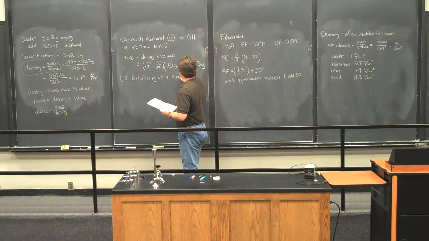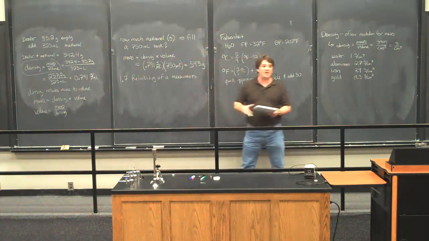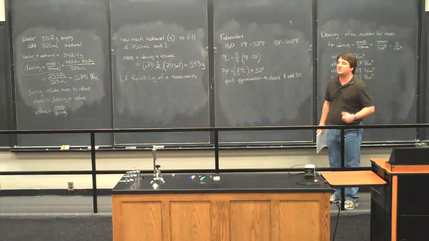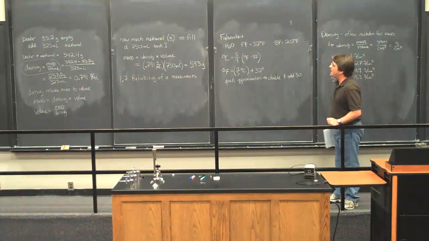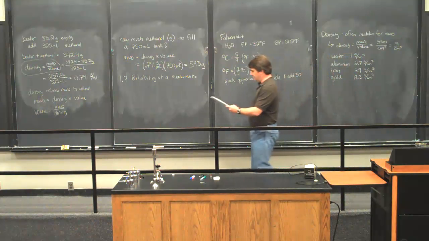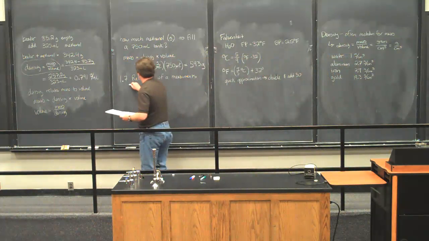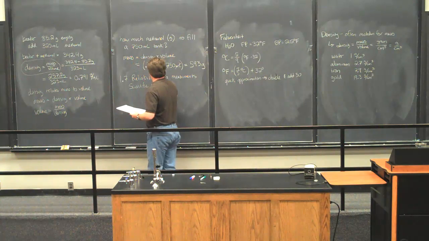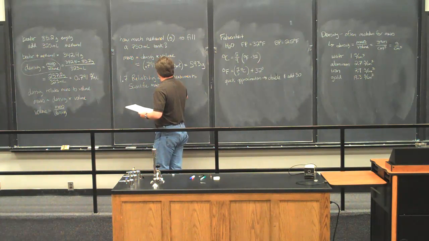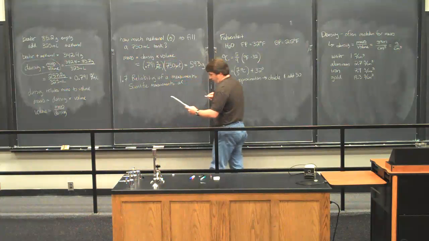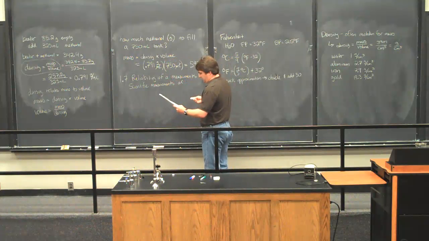Now, speaking more of measurements and reliability of measurements, because remember, chemistry is an experimental science. We do experiments, we make measurements, and we need to talk about the reliability of these measurements. Scientific measurements are reported so that every digit is certain.